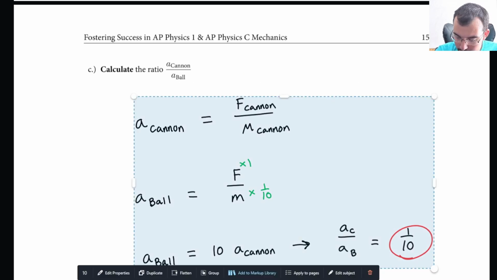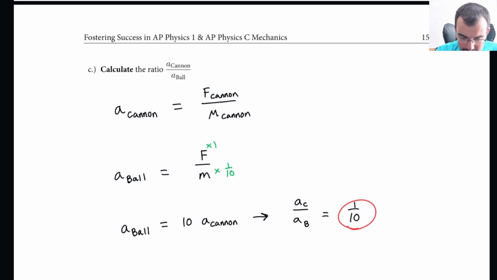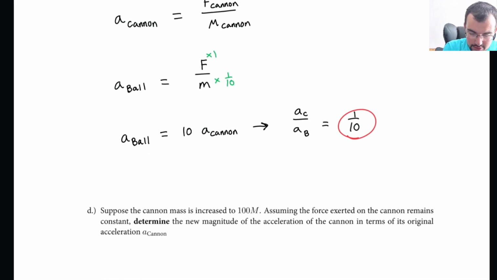You can probably reason why that's the case because we have that factor of 10, but I just want to show it explicitly. So if we divide the ball acceleration by the cannon acceleration, by dividing by the a cannon on each side here, we would end up with 10. So that means if we want the cannon ratio on top, we just flip both sides upside down. So we'd get AC over AB equals 1/10.